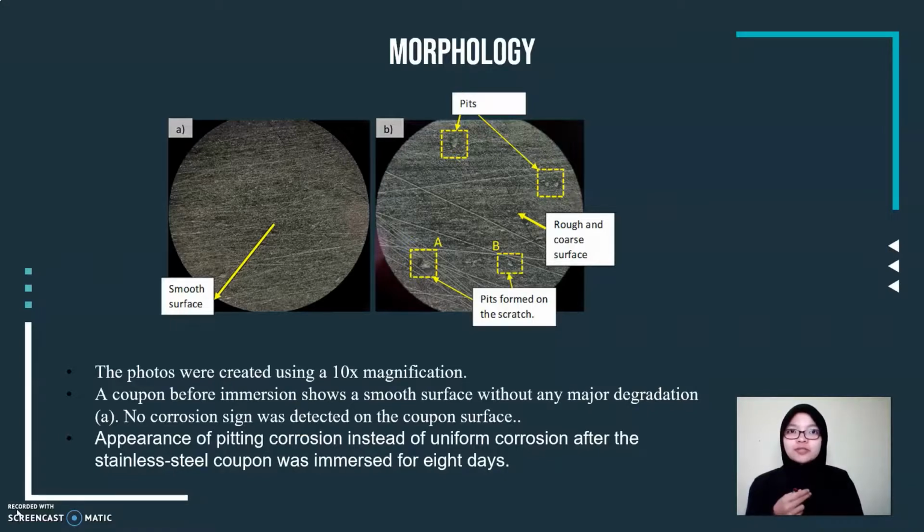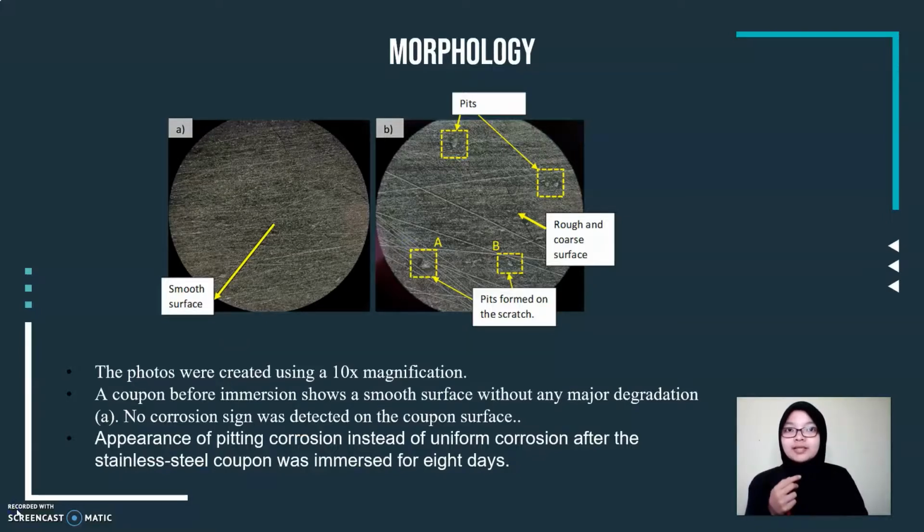A coupon before immersion shows a smooth surface without any major degradation. In figure A, only a little scratch is observed on the surface, which was caused during the coupon preparation process. No corrosion sign was detected on the coupon surface. The photos were created using a 10 times magnification optical microscope.